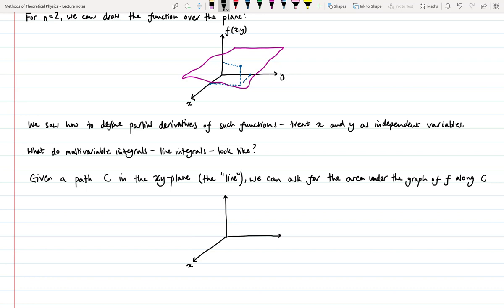We have x, y, and our function f of x, y. We might be interested in the integral along a line in the xy plane that looks like this. This is our line C. The corresponding function value above that line might vary something like this.